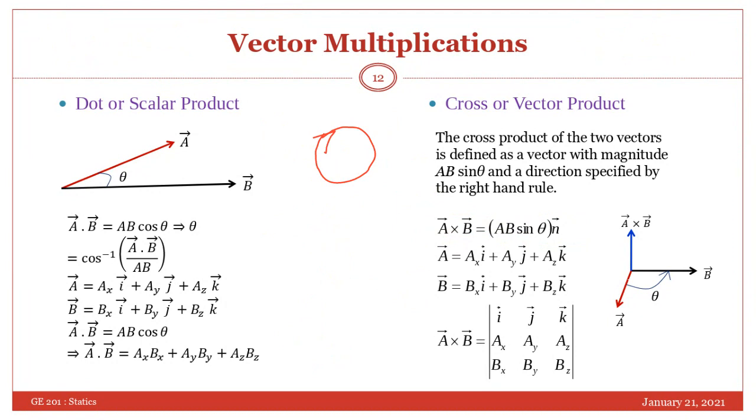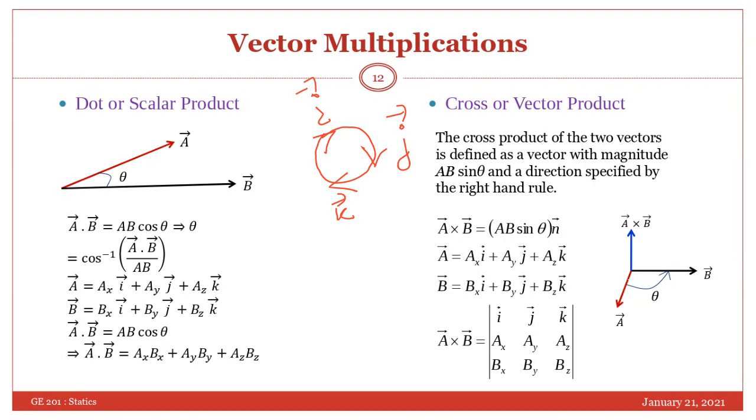According to this cyclic rule, this is I, this is J, this is K. When you multiply I cross J, your answer will be K. When you multiply K cross I, it will be J. So when you are along the cycle, clockwise, the answer when you multiply the two unit vectors will be the third one with positive sign.